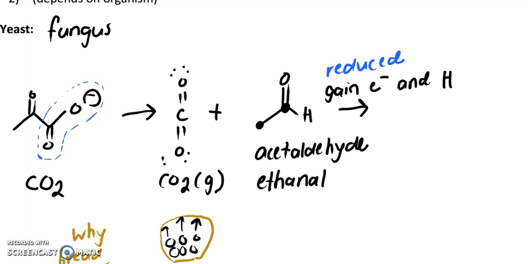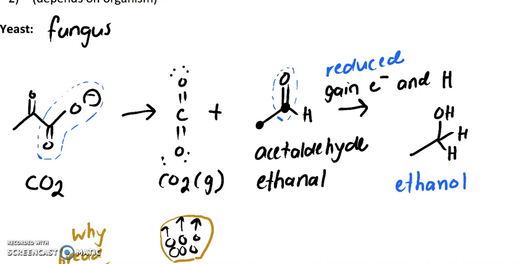We're going to be focusing on this bond right here. So here's what we're going to be left with. Notice now we have a couple more hydrogens. This compound here, this is ethanol. And we use ethanol for fuel, and we can also use it as a preservative.